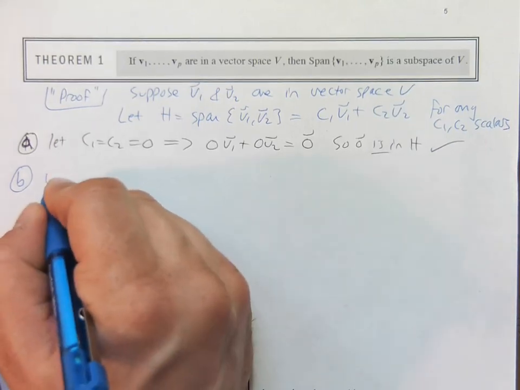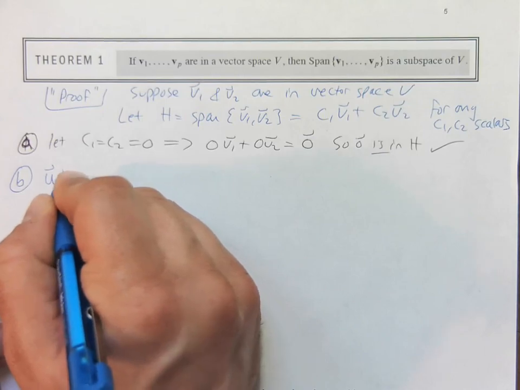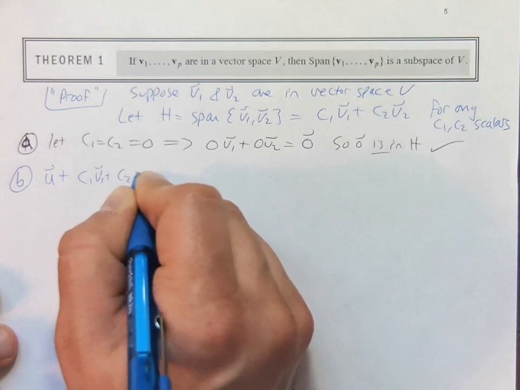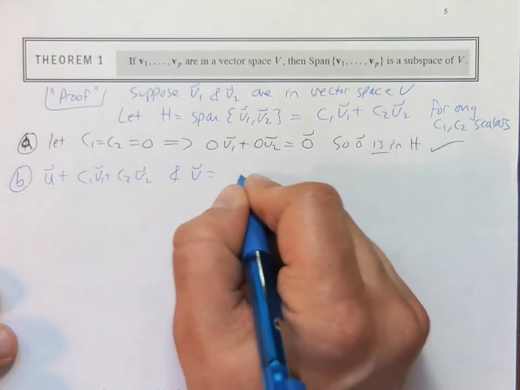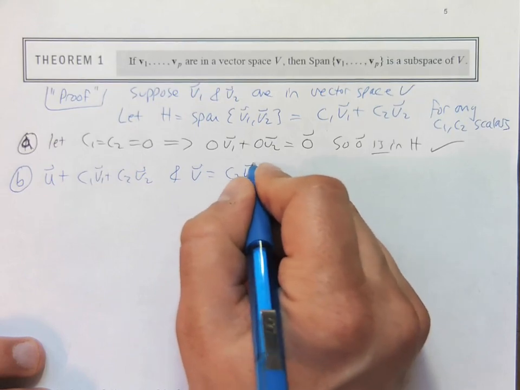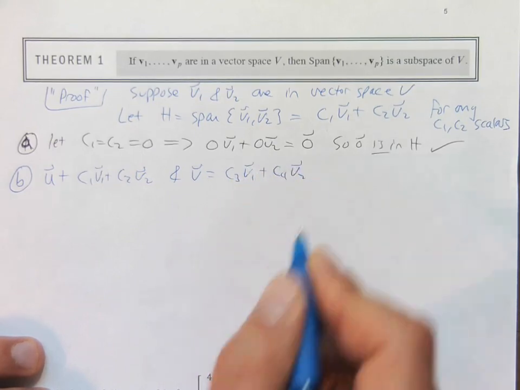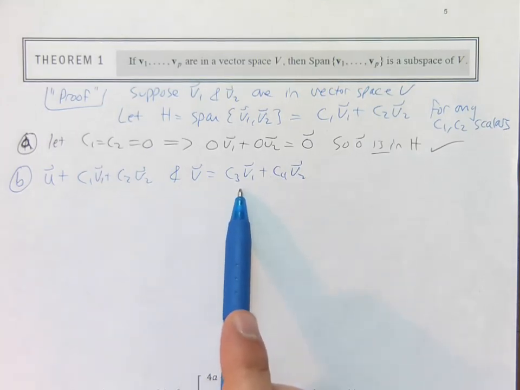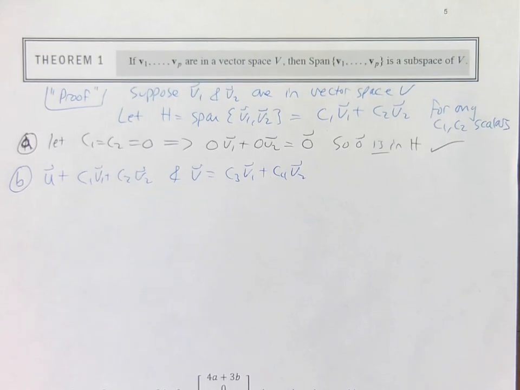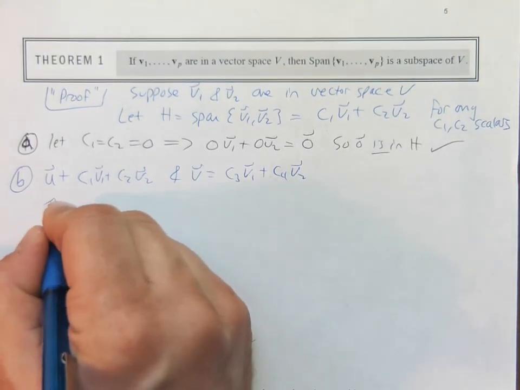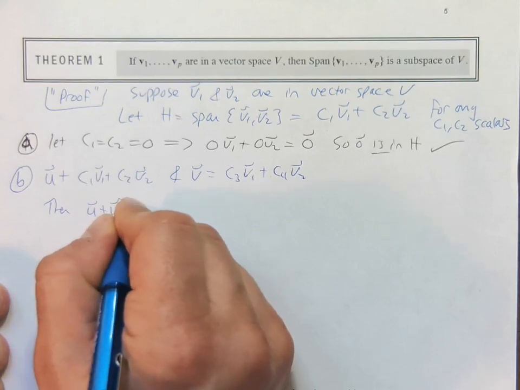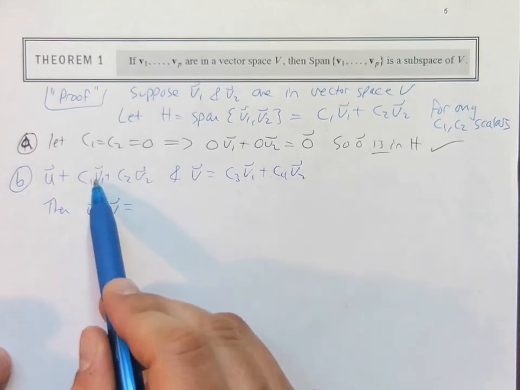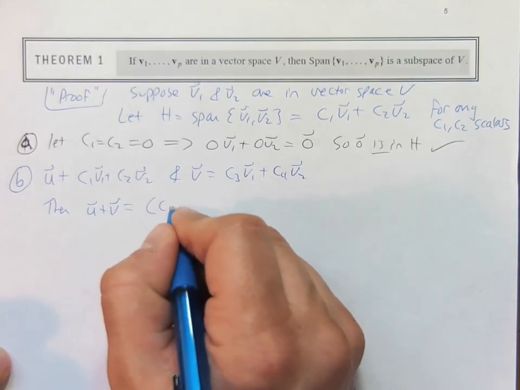So let's pick two arbitrary elements in the span. Let u be c1 v1 plus c2 v2, and let v be c3 v1 plus c4 v2. So u and v are both elements in the span because they're just two different linear combinations of v1 and v2. And notice that when we add them together, I'm going to rearrange things and group the v1's together and factor it out. So we'd get this.